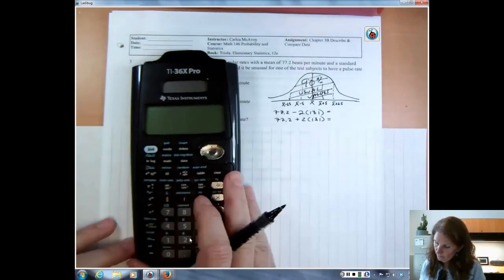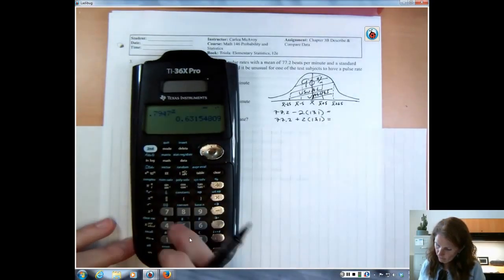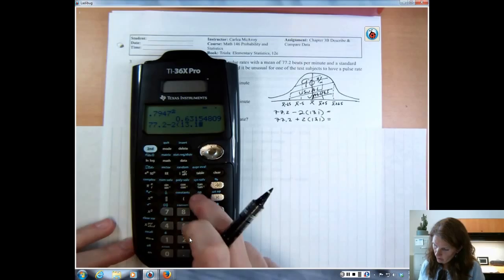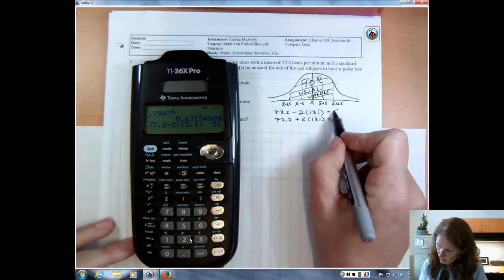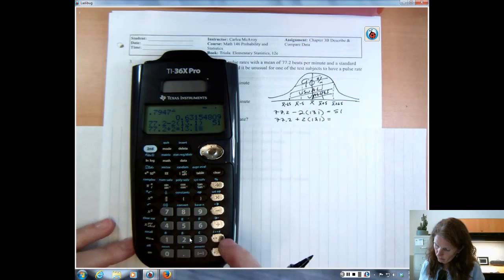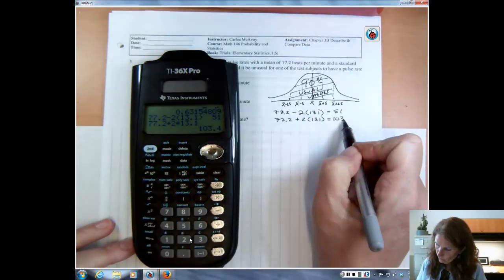So 77.2 minus 2 times 13.1 is 51, and 77.2 plus 2 times 13.1 is 103.4. So those are the range.